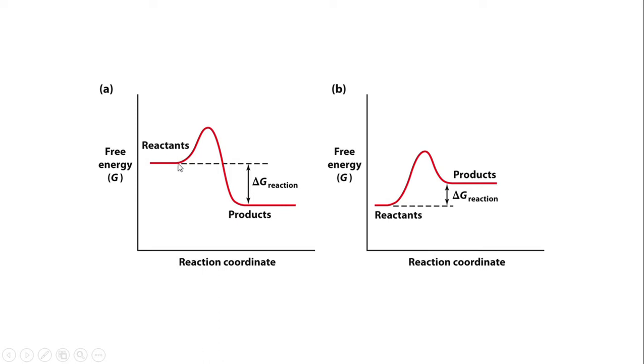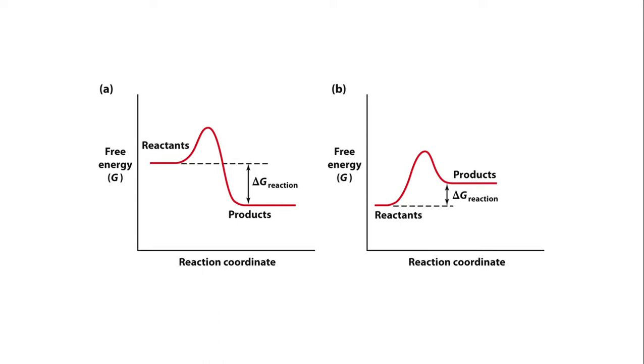Again, here's reactants, here's the hill we have to climb, and here's our products. In spontaneous reactions, the products have lower energy than the reactants, and the delta G reflected here of this reaction is negative. So this is a thermodynamically favored reaction.